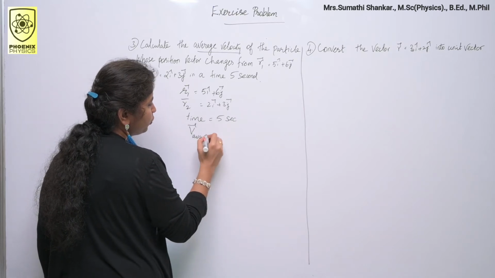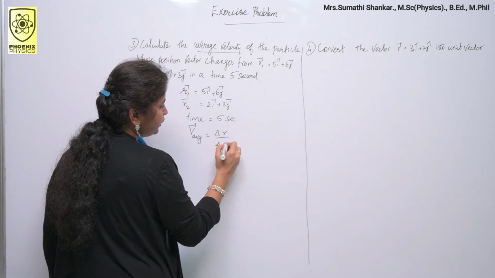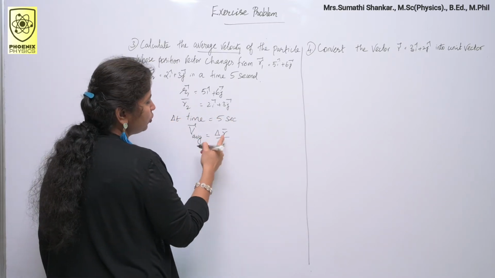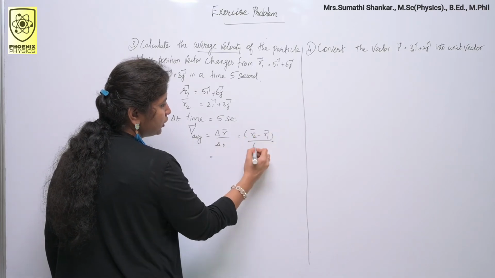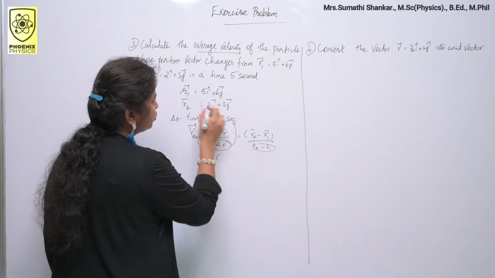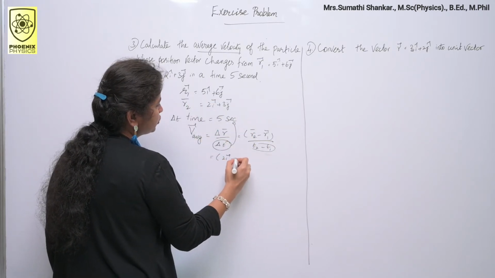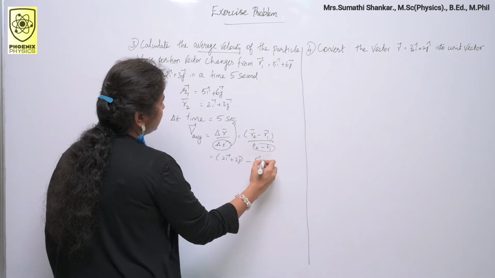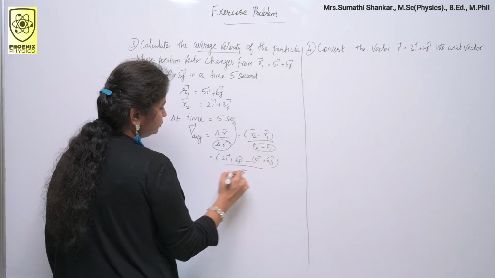What is the formula for average velocity? V average is equal to delta r divided by delta t. Delta t is 5 seconds. I hope you know that. So how do you find delta r? That is r2 minus r1, divided by t2 minus t1, which is delta t. Substituting the r2 and r1 values, 2i vector plus 3j vector minus 5i vector plus 6j vector, divided by 5.